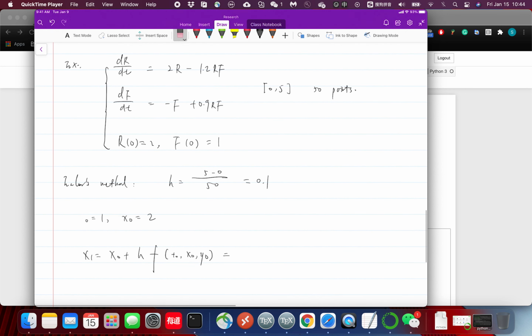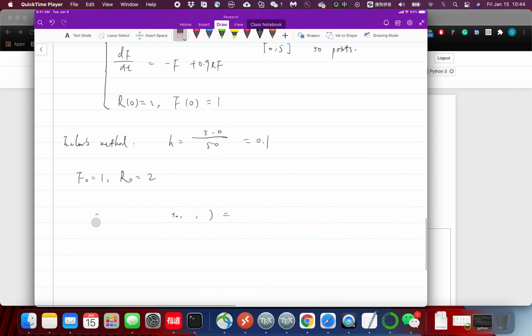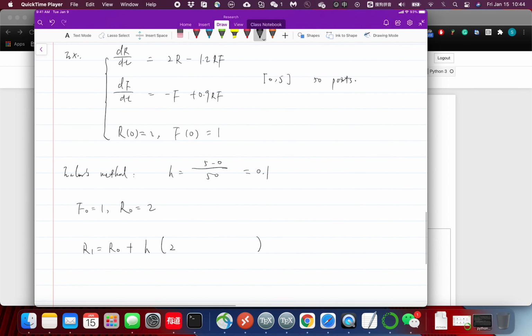I probably want to use r and f. r0 equals 2 and f0 equals 1. Therefore r1 equals r0 plus h times 2r0 minus 1.5 r0 f0.